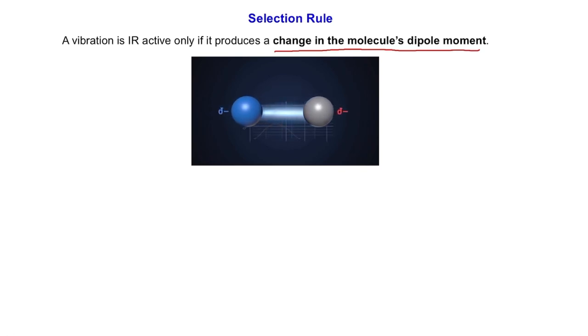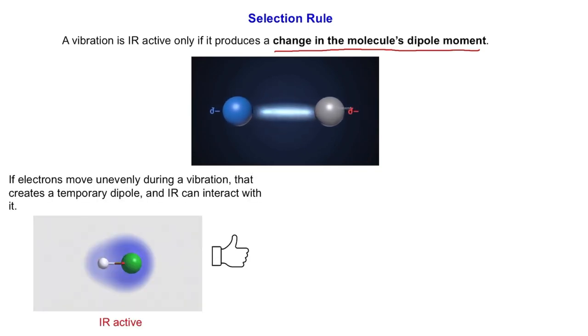In other words, the vibration must cause the electrons' negative charge to shift towards or away from the more positively charged parts of the molecule. If electrons move unevenly during a vibration, that creates a temporary dipole, and infrared light can interact with that temporary dipole.